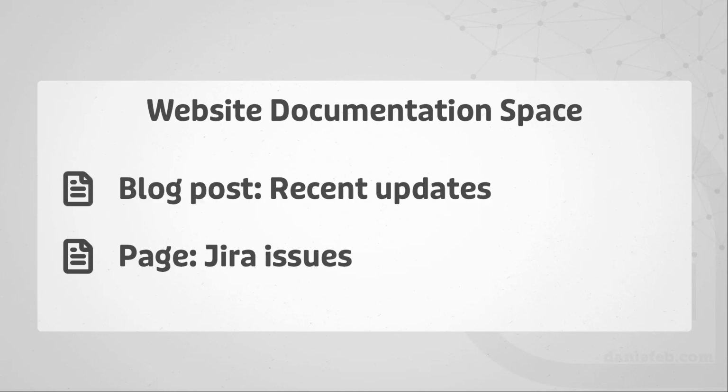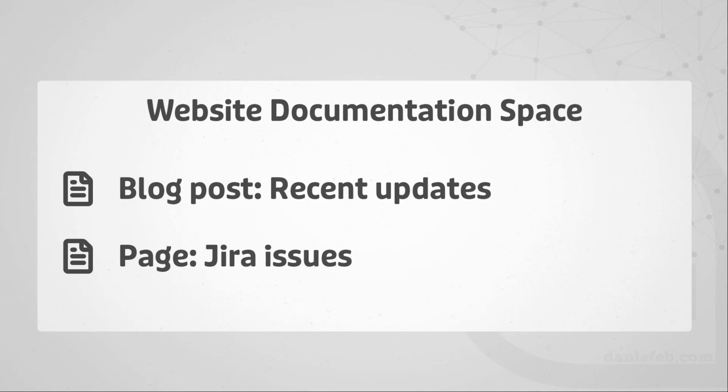We could even have maybe a blog post that has recent updates. All of that lives inside of the space. We could have a page that has Jira issues with the bugs on the website for our internal team to be able to see what sort of issues there are currently, what their current status is. We can pull those in using macros, which is another term we learned about in our previous video.